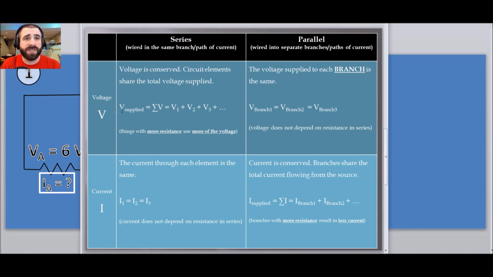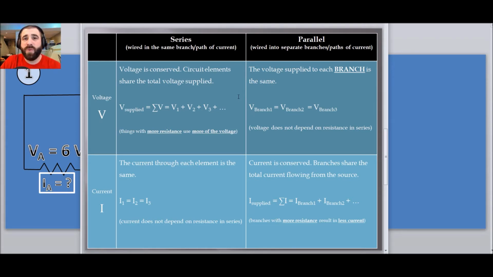So if we apply 12 volts to something, then the resistors wired to that branch will share those 12 volts. So in equation form, V supplied equals the sum of the voltages. Or in this case, V supplied equals V1 plus V2 plus V3 plus however many resistors you have.